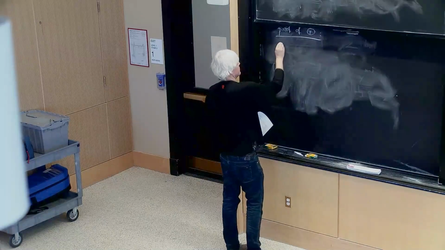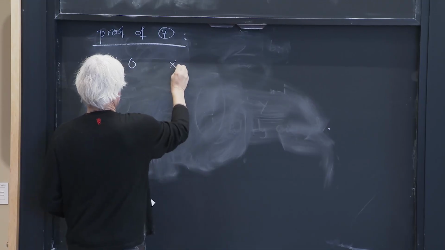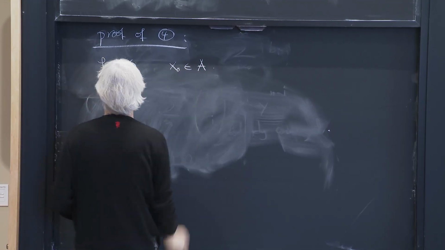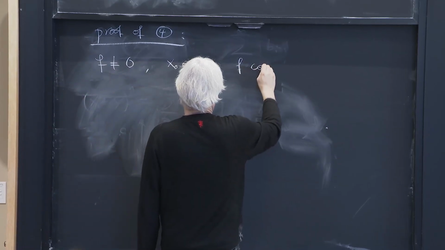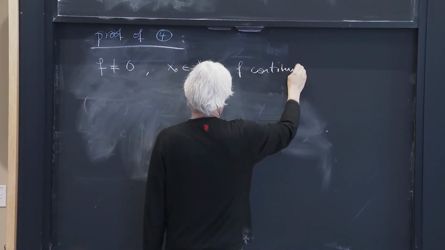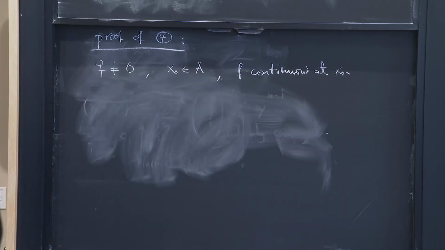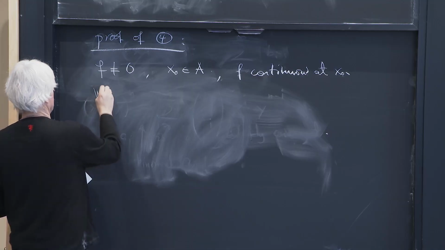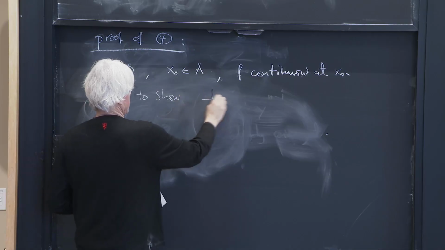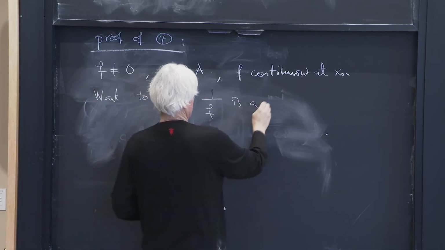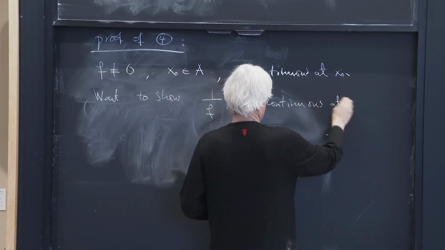What we have is this function, it's never 0, and we have some x0 in the domain. We know that f here is continuous; we only need it to be continuous at x0. And then I want to show that 1 over f of x is continuous at x0.